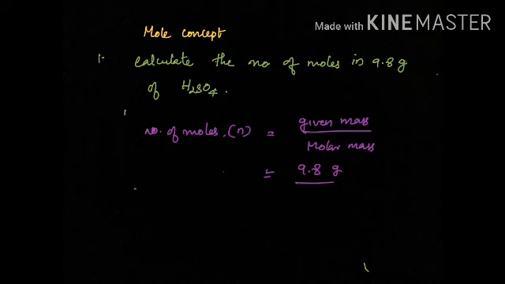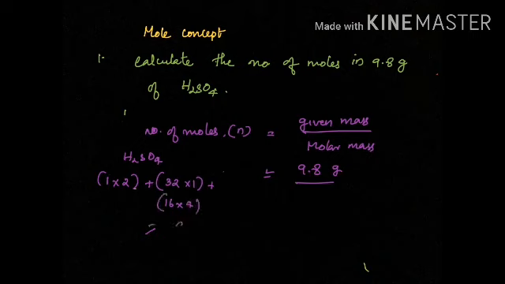So the molar mass of H2SO4, how will you calculate? What is the atomic mass of hydrogen? It is 1 into how many atoms? 2. Plus sulfur, what is the atomic mass of sulfur? It is 32 into 1, plus oxygen, it is 16 into 4. So what do you get as the answer? 98 gram.